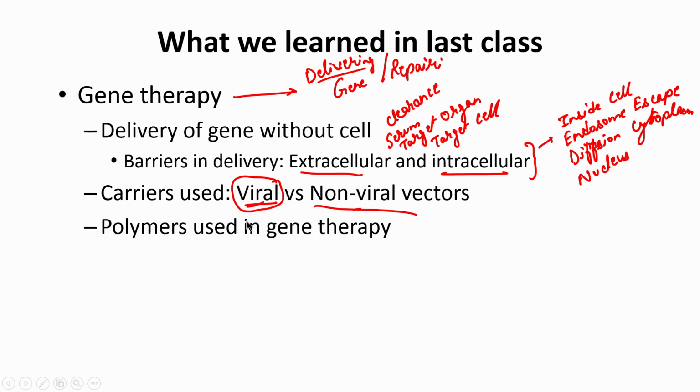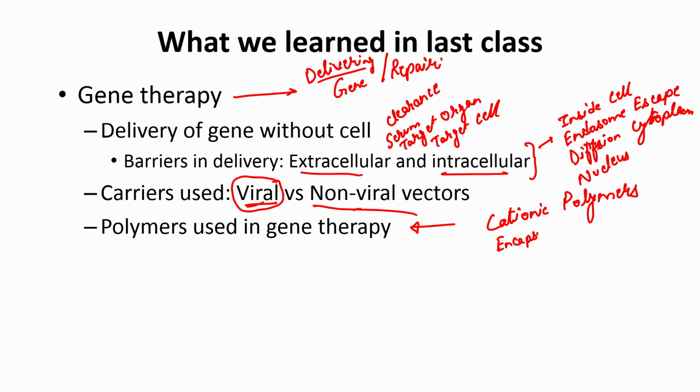And then since this course is drug delivery and we are mainly talking about polymers and other biomaterial, we dove deep into what are the different polymers that are used for gene therapy. Some of them we discussed were cationic polymers, and the other class we discussed was just encapsulating within the polymer.